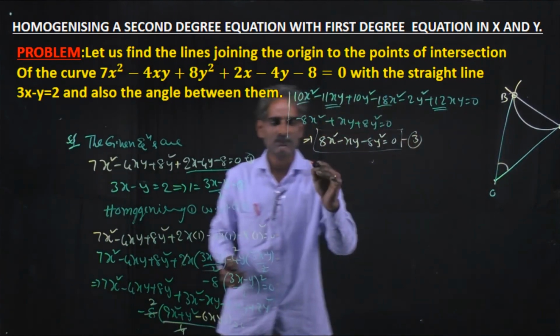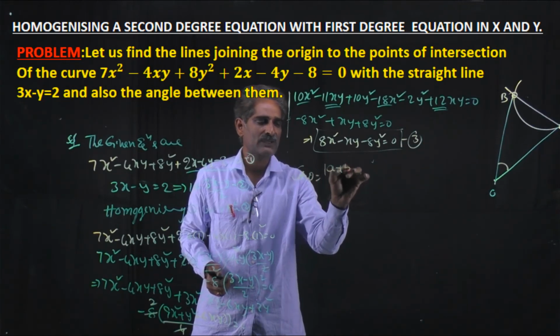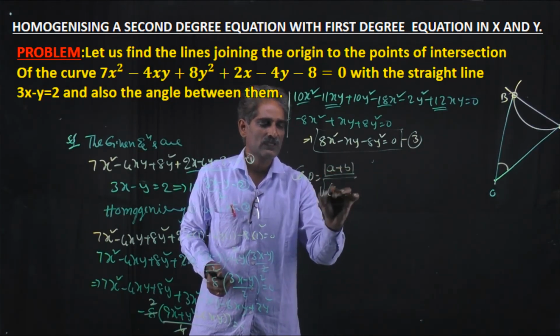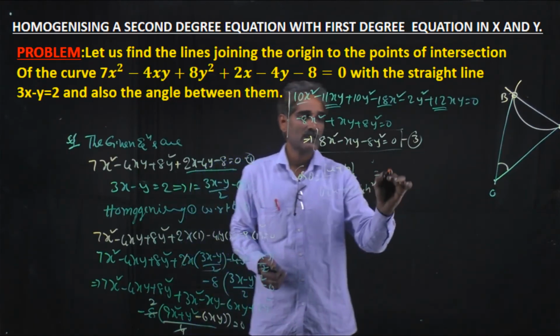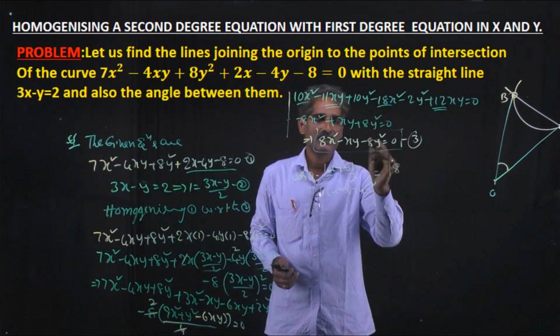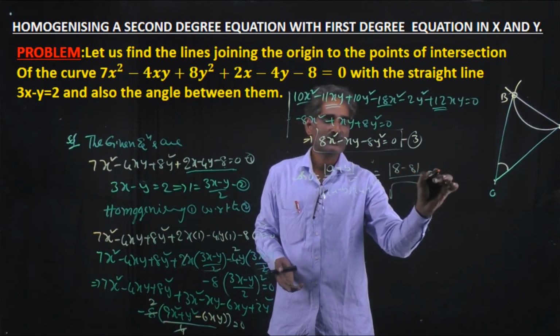So write down the formula for the angle between them: cos theta equal to mod of (a plus b) by square root of (a minus b) whole square plus 4h square. Here the value of a is 8 and the value of b is 8, so a minus b is 0 and a plus b is 16 in magnitude, giving 0 in the numerator.